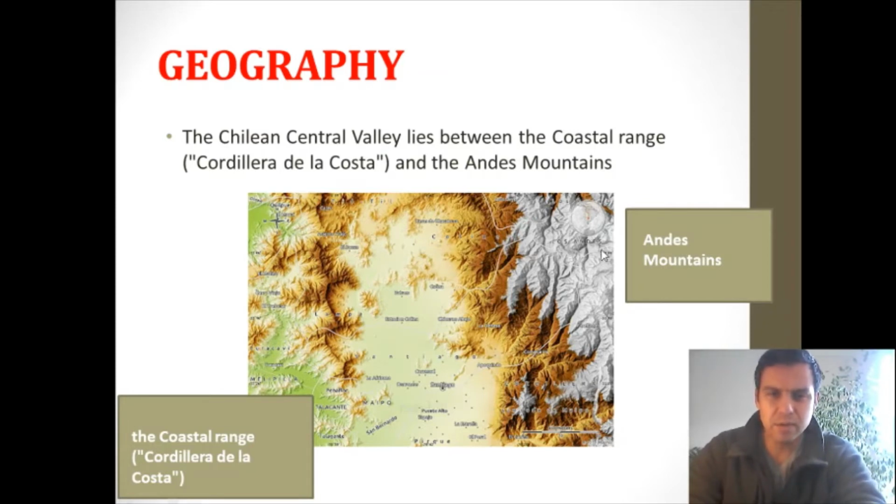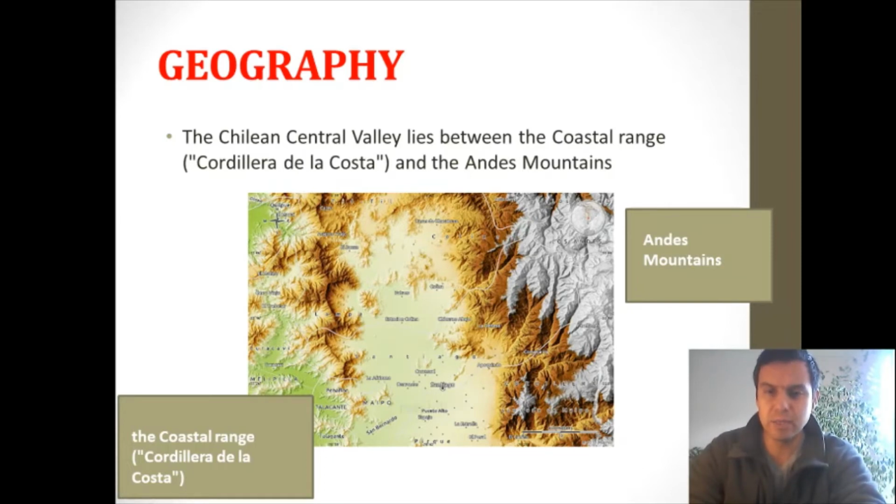If you see here, you have the Andes Mountains, then the valley, which is pretty much a flat area. It's plain lands, no mountains here, so it's flat, and you have the cities here. This goes all along the map of the central zone.